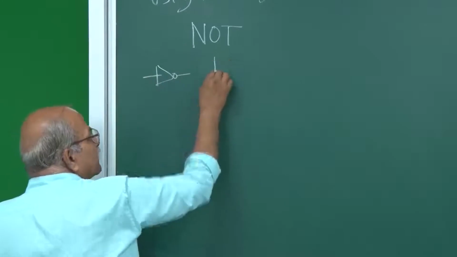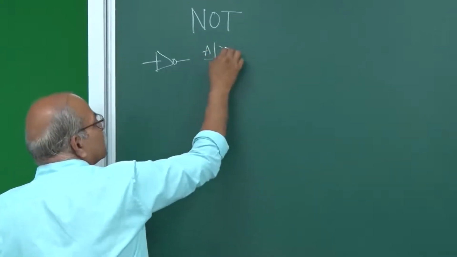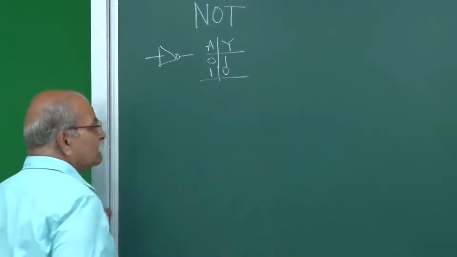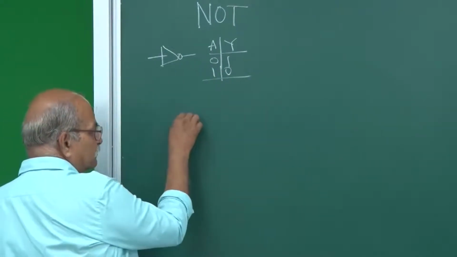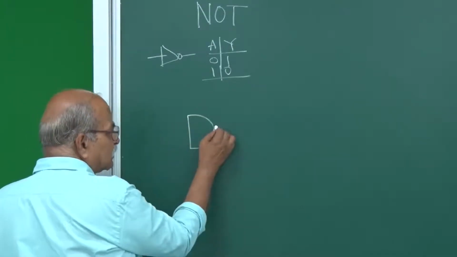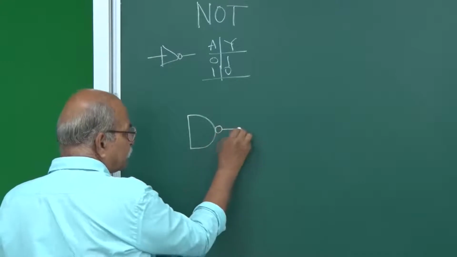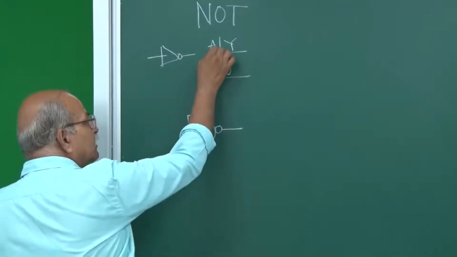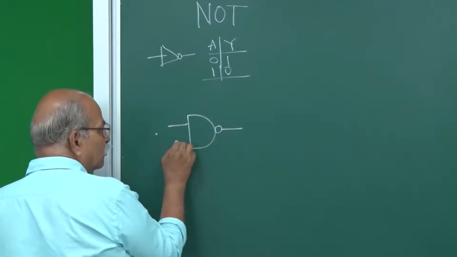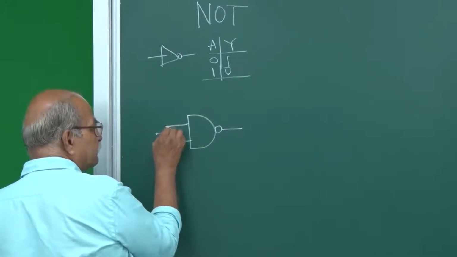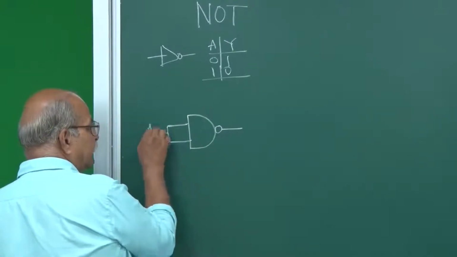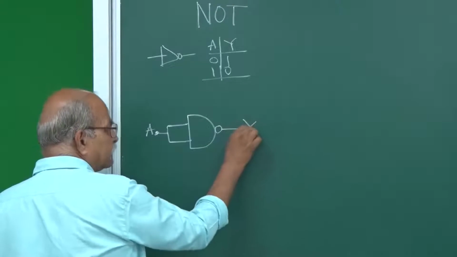And what was the truth table? A is here, Y is here, 0, 1, 1, 0, simple. And you take just a NAND gate, this is NAND, and then your input is just one single input, but the same input you connect to both the input ends. So this point is A and this point is finally Y.